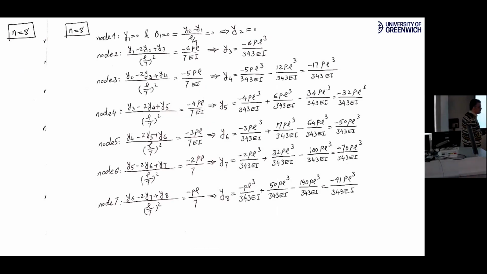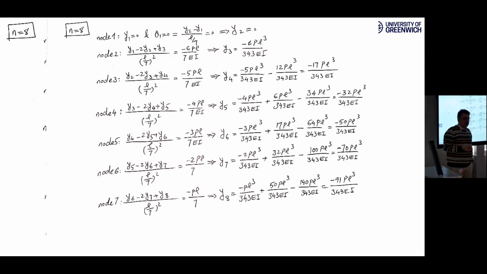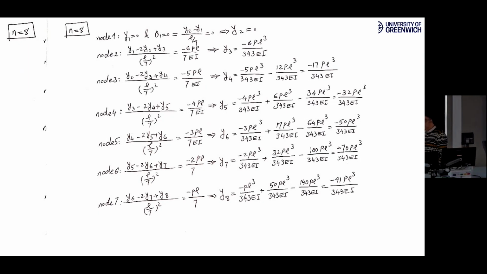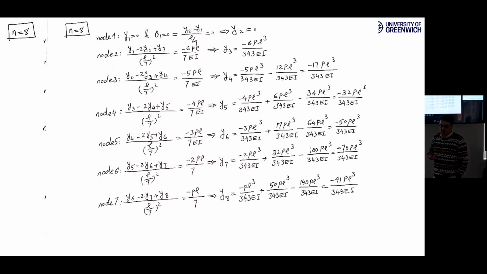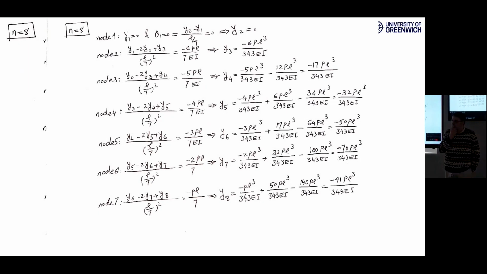Whenever you see this pattern, just remember that computers are designed to do repeated algorithms. And this is the best point at which we go to the computers and ask them to do this for us.